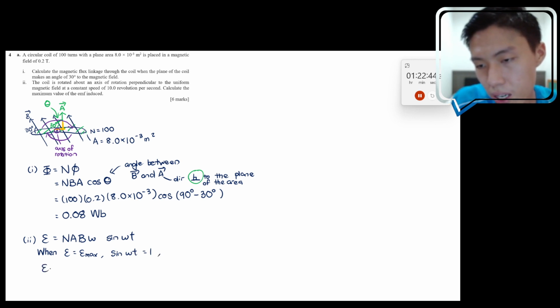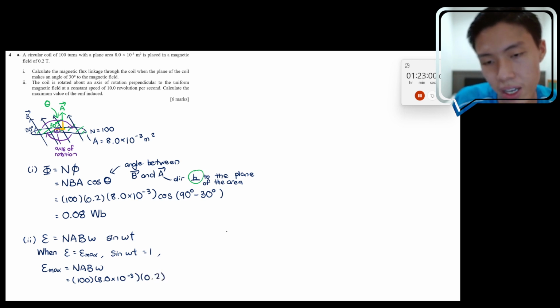Therefore, epsilon max is equal to NAB omega. N is again 100, area is again 8.0 times 10 to the power negative 3, magnetic field is 0.2 Tesla.